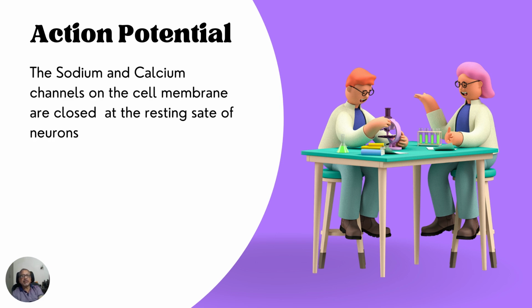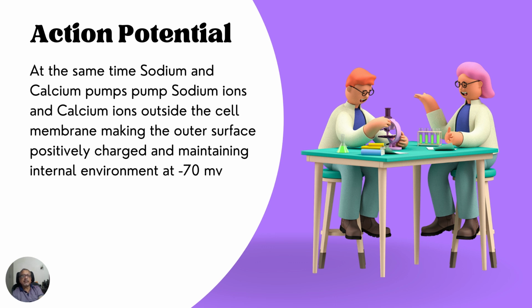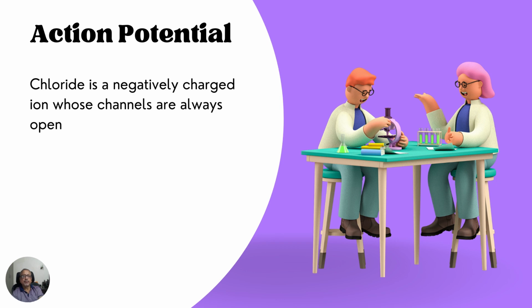Now sodium and calcium channels on the cell membrane are closed at the resting state of the neuron. At the same time, the sodium and calcium pumps pump sodium and calcium ions outside the neuron, and thereby the outer surface of the neuron is positively charged, and the internal environment maintains a negative charge of minus 70 millivolt.